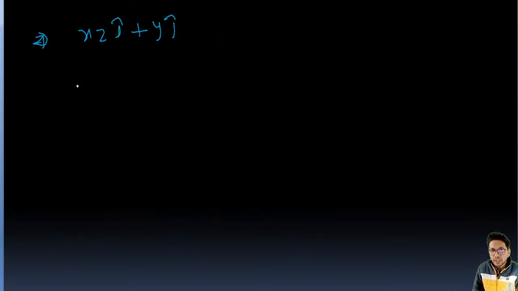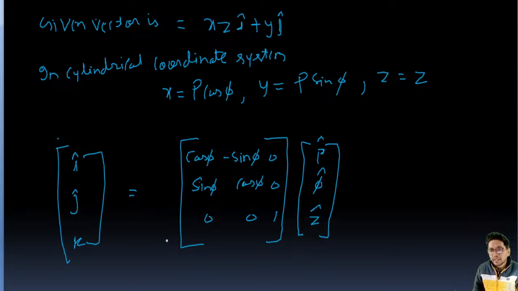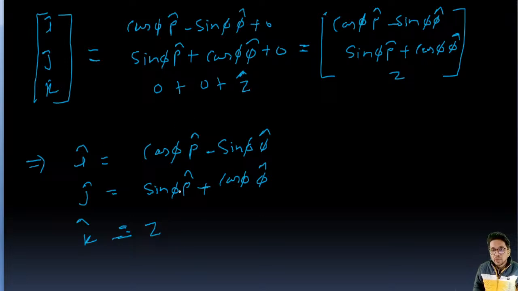We know the value of x is rho cos phi, y is rho sin phi, z is z, and I cap we have already got here, cos phi rho cap. You just need to memorize this matrix, and then you can easily find out the values of i and j.